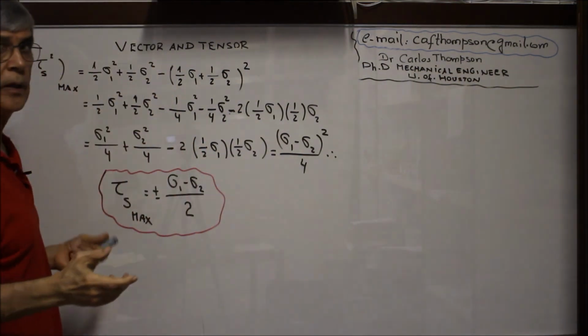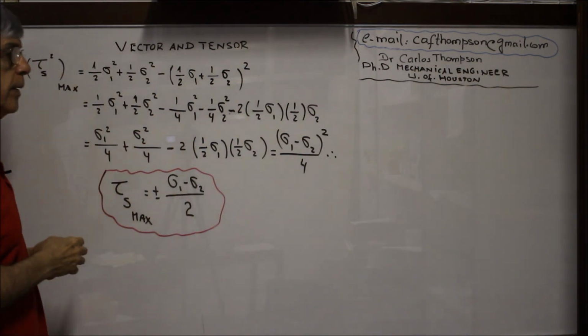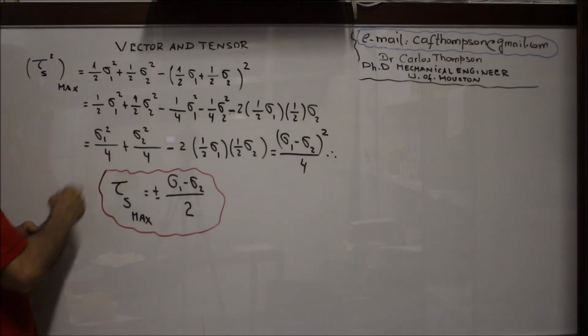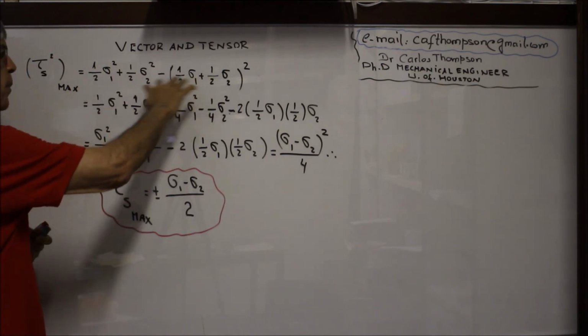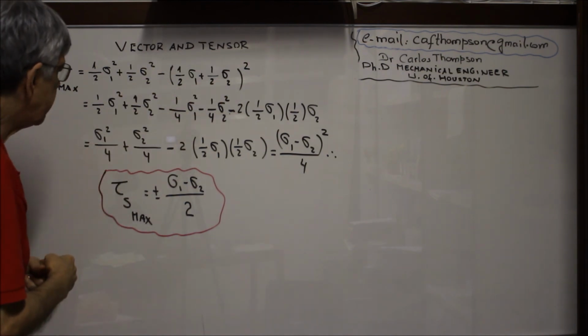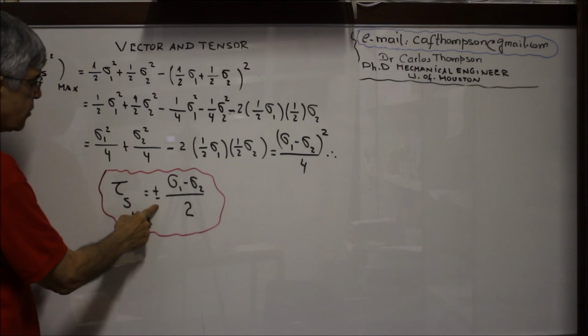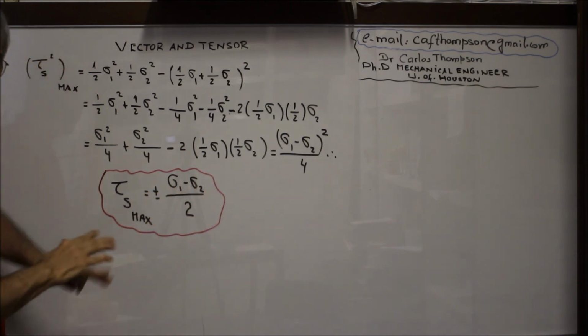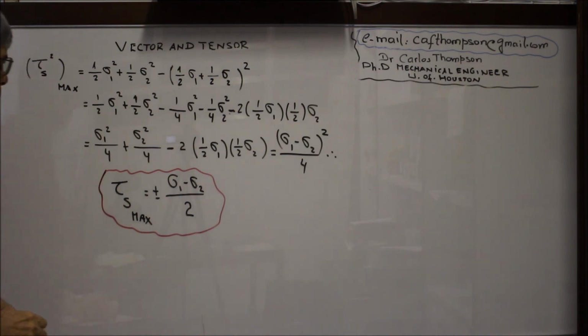Substitute n1 squared inside the function, and you get a very simple relation. Now you can see that tau s maximum is plus or minus sigma 1 minus sigma 2 divided by 2. It's a very simple manipulation here.